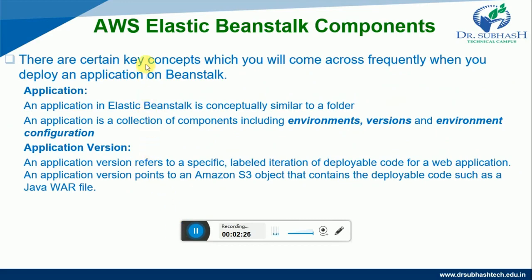Now we would like to see the Elastic Beanstalk components. There are certain key concepts which you will come across frequently when you deploy an application on Beanstalk. The first component is the application component.